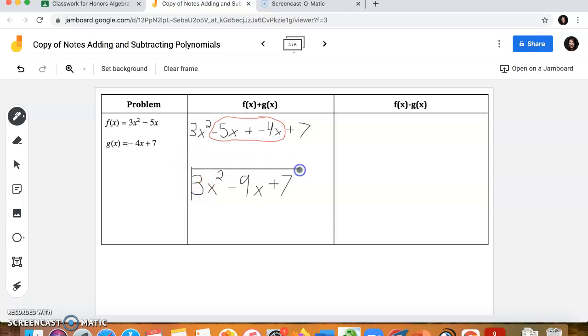So adding functions is pretty simple. It's the negatives that seem to get people when we're doing subtraction. It's the subtraction that seems to be harder. So now it says f of x minus g of x. So we're still going to have the 3x squared minus the 5x.